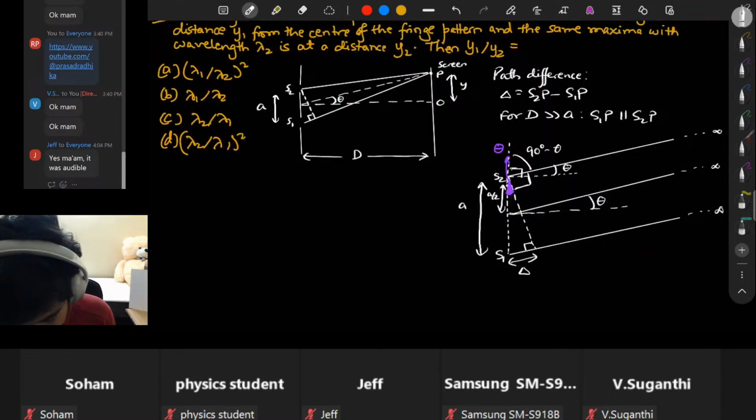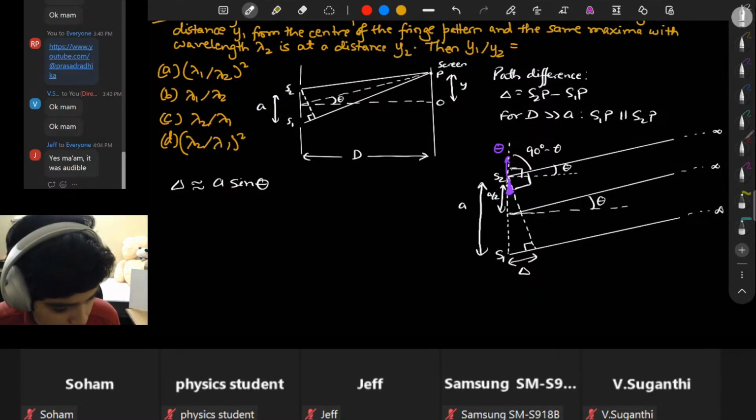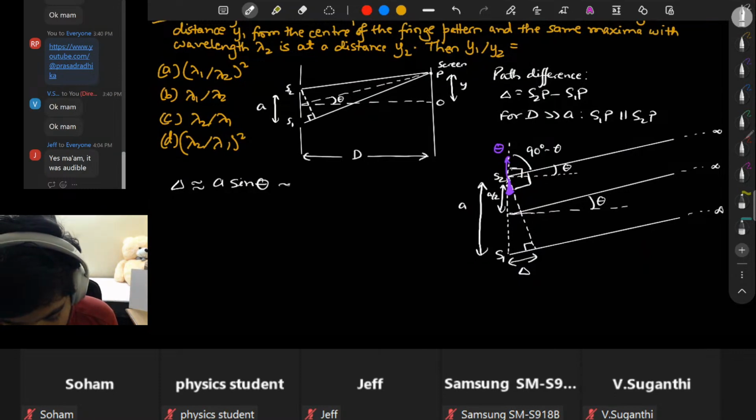So delta is nothing but A sine theta. It is approximate actually because we are assuming that the screen is very far away from the slit plane. And for small angle theta, sine theta is approximately equal to theta, which is approximately equal to tan theta.